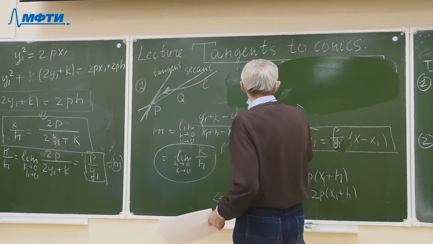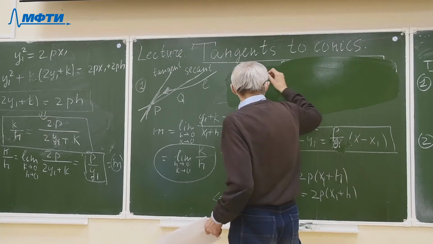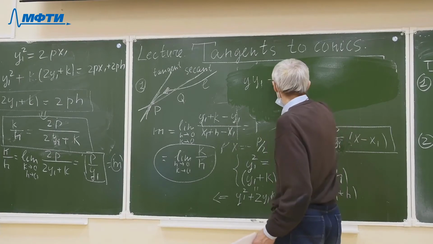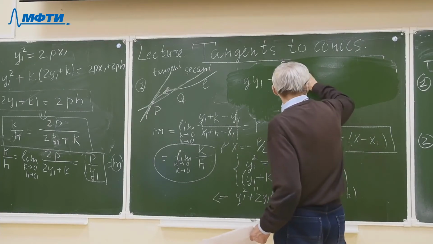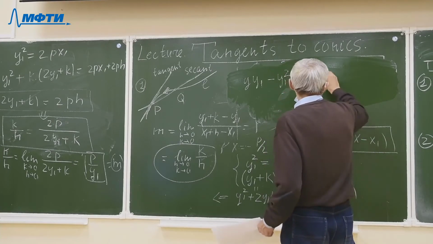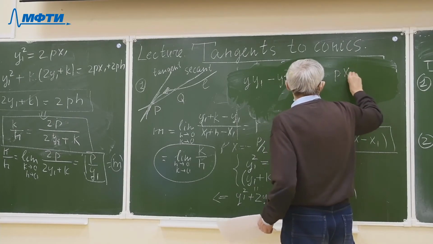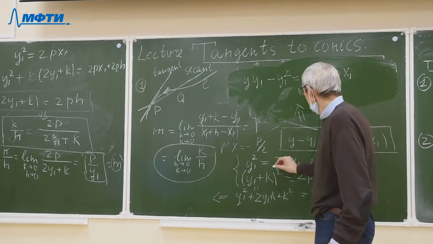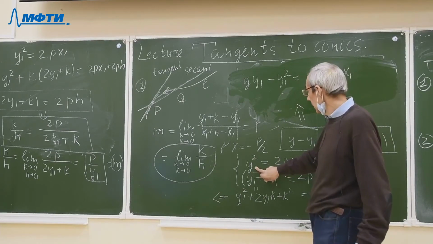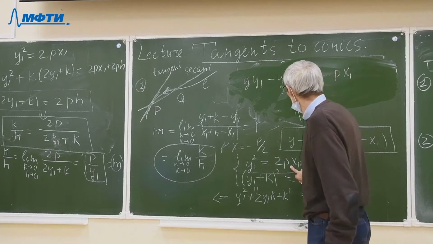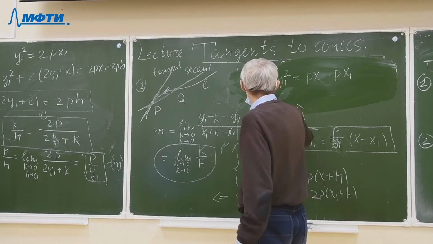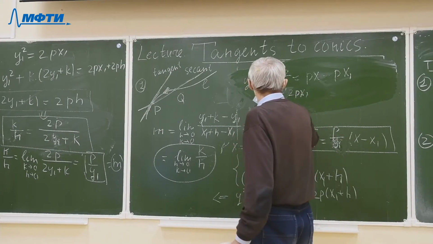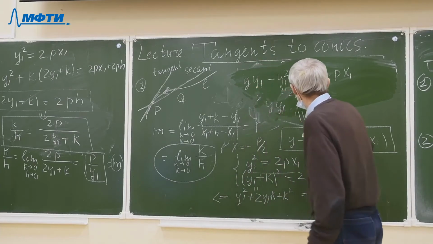Easy to see that this equation is y1 times (y minus y1) is equal to px minus px1, and we can see that y1 square is equal to px1.